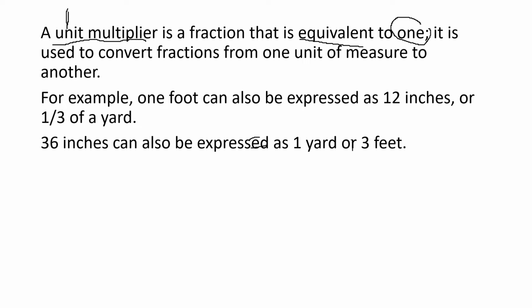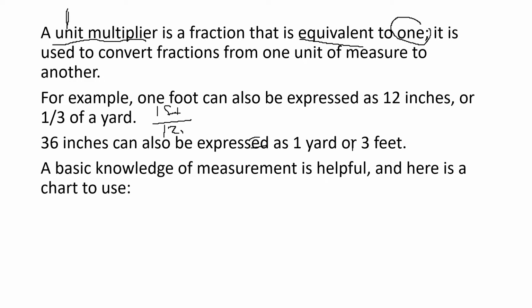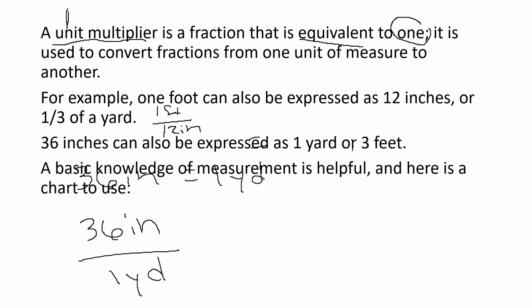So this could be 1 foot over 12 inches. 36 inches is equivalent to 1 yard. So I could say 36 inches over 1 yard, or 3 feet. So 36 inches over 3 feet. Those values are equivalent. That's a unit multiplier, and we're going to be using unit multipliers throughout this lesson.